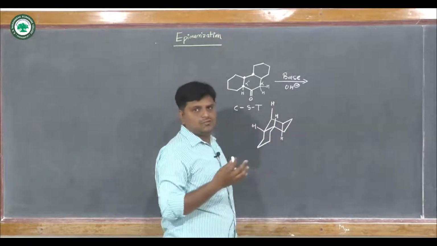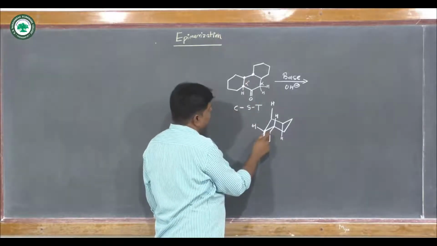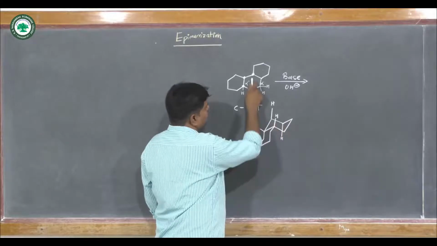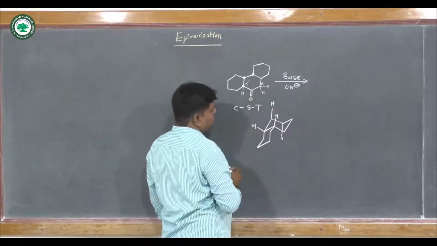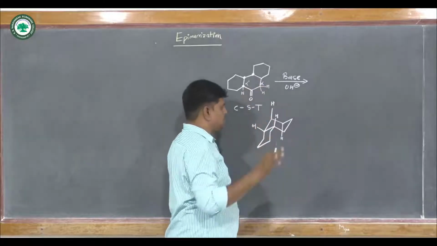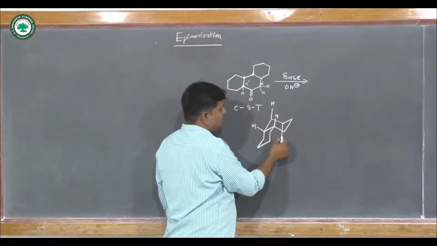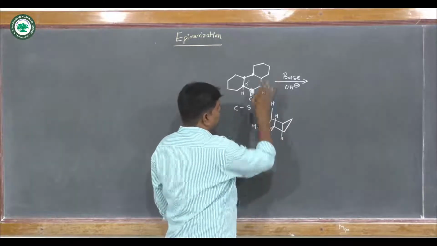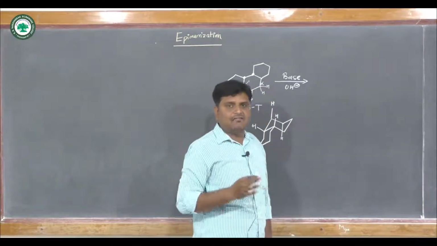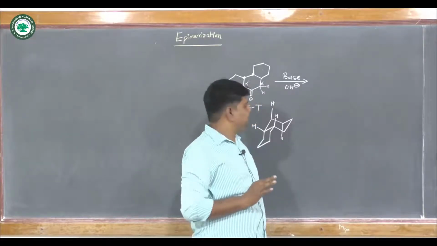How can we choose those protons? Here 1, 2, 3 and 4. The fourth proton is alpha and all the other protons are beta. These are the beta equatorial and beta axial, and this is the alpha axial. So only one hydrogen is at alpha axial and all three remaining hydrogens are beta.